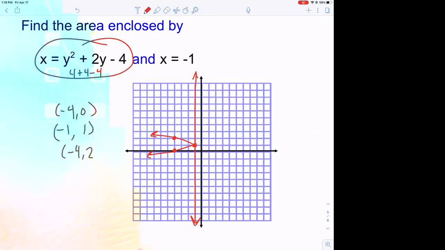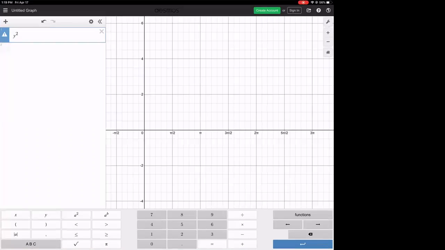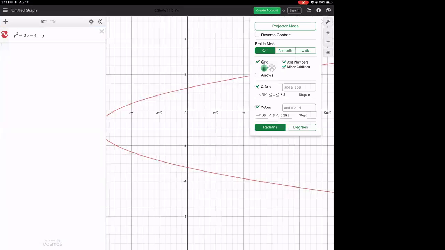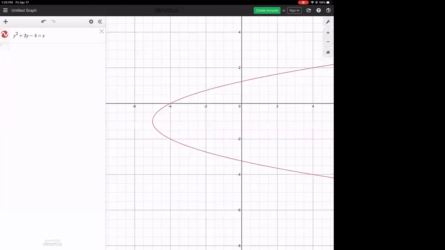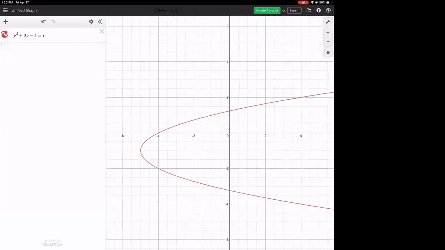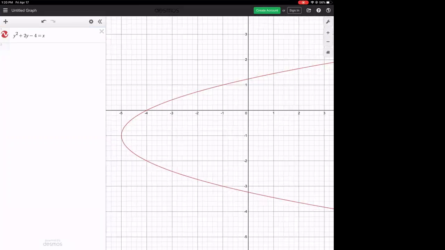Should we double check this on Desmos? I feel like I'm doing something wrong. Y squared plus 2y minus 4 equals x. Oh, I gotta change my settings back to not pi. Yeah, I was opening the wrong way somehow here. So I did something wrong.